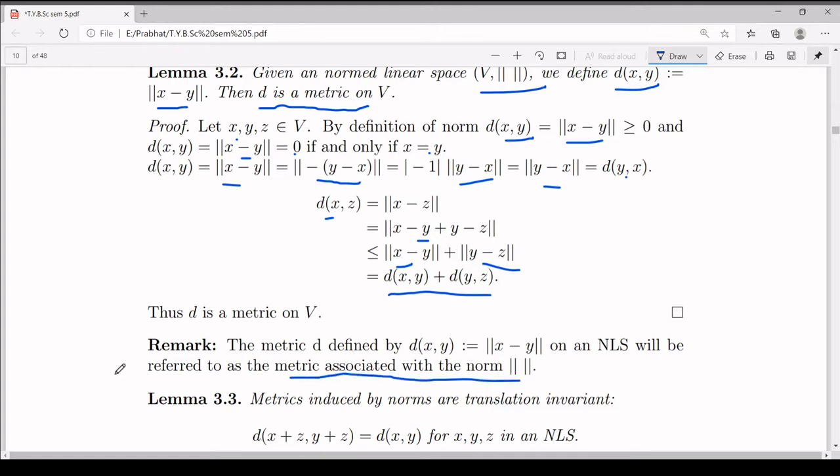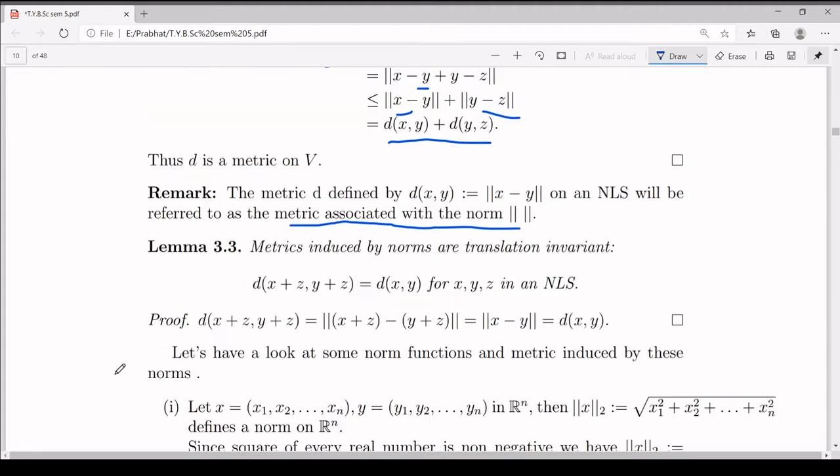Now next lemma, it's a short lemma, that metrics induced by norms are translation invariant. Now what is translation invariant? That means if you have two elements x and y, and you translate both elements by the same vector z, then the distance between x,y and distance between x plus z and y plus z will remain unchanged. That means distance between x,y is the same as distance between x plus z, y plus z.